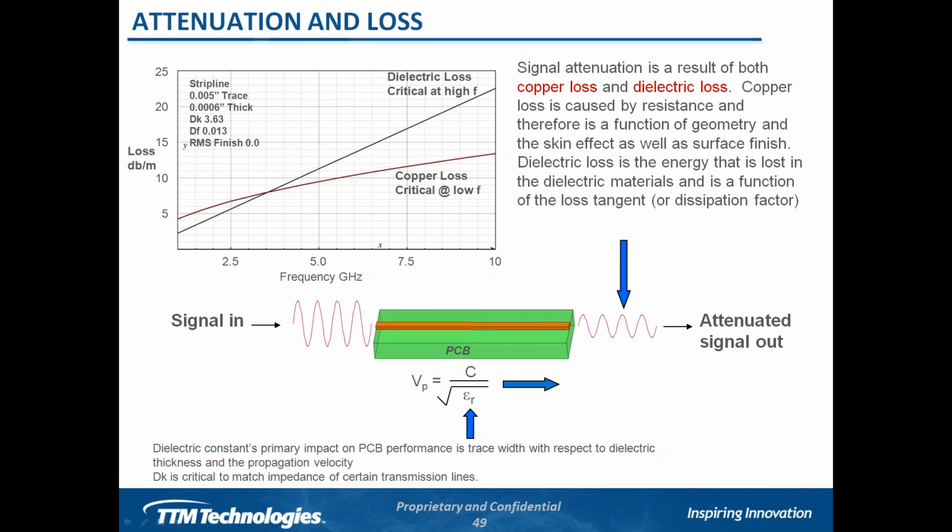The factors that contribute to that are both from the copper and from the dielectric. What we see is dielectric loss becomes critical at high frequency, whereas copper loss is the dominant parameter at low frequencies. But both are quite important from a PCB perspective in terms of understanding their impact on the signal integrity of that part.